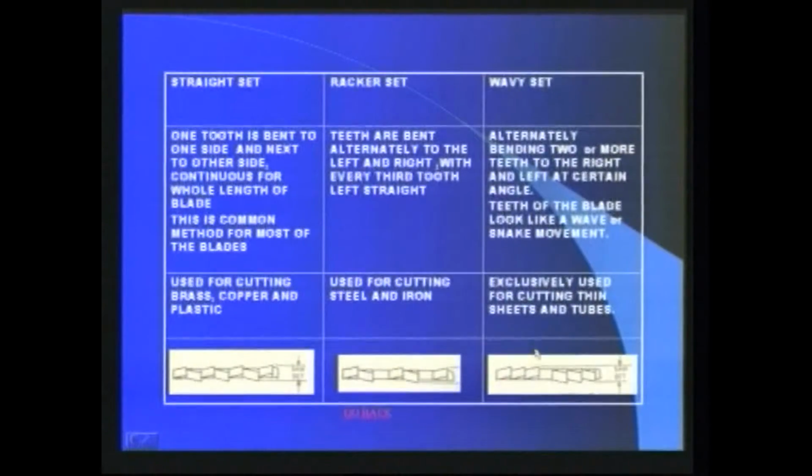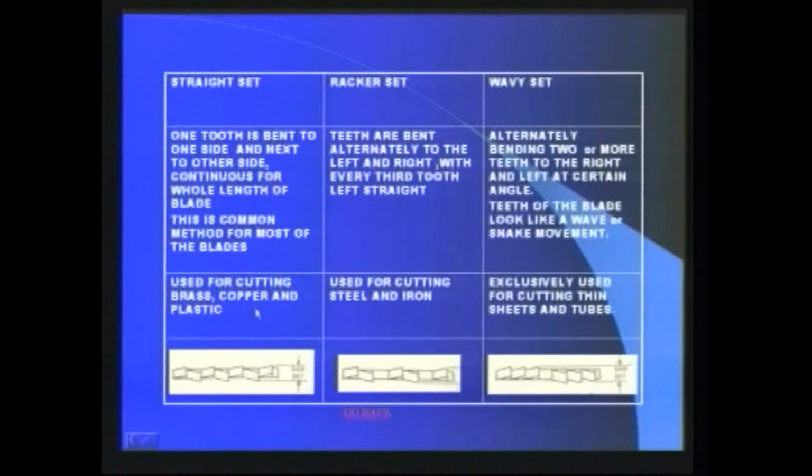In case of wavy set, alternately bending two or more teeth to the right and left at certain angle. Teeth of these blades look like a wave or snake movement.